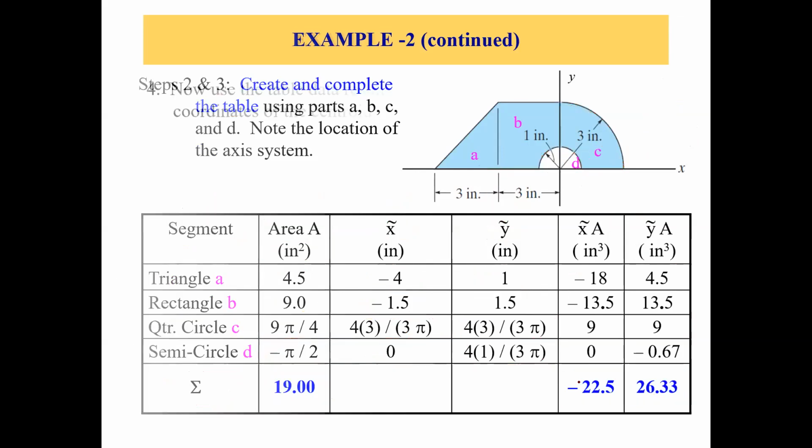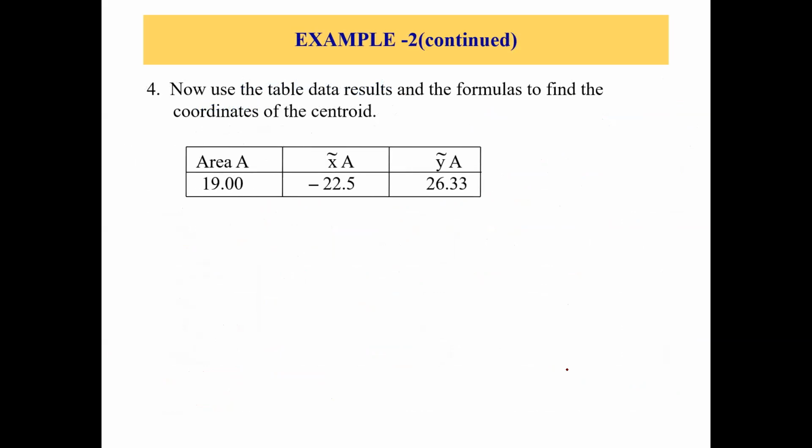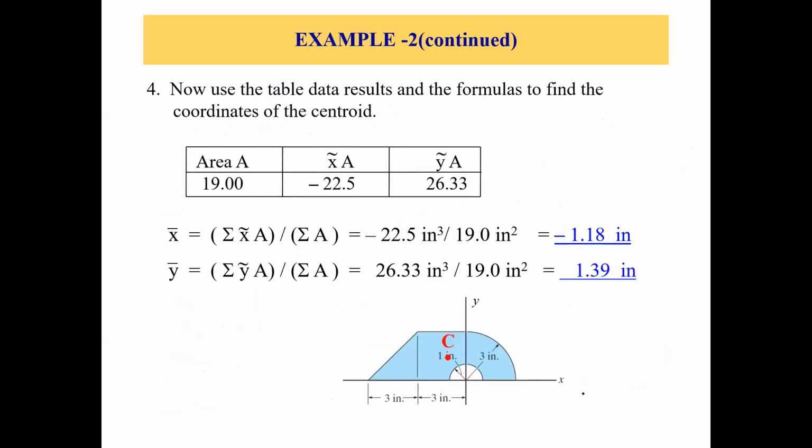Now let's go on to the next slide and see how to use this summary. So now we got to this point. We got summation of area, which is 19 inch square, summation of x bar times area, which is negative 22.5 inch cube, and summation of y bar times area of all the four parts, which was 26.33 inch cube, right?